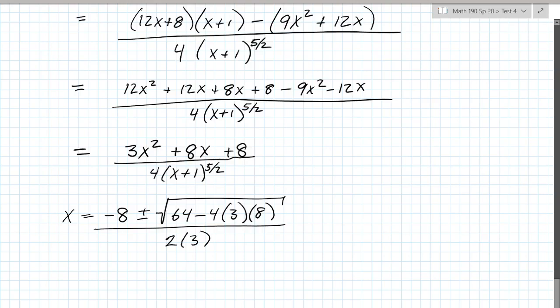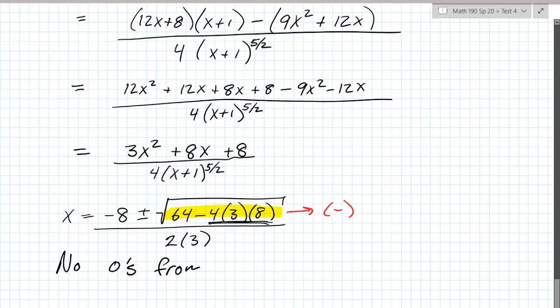And since 3 times 4 is 12 times 8, that is bigger than 64. That means this stuff is negative, meaning we only have imaginary zeros, so no zeros from the top.